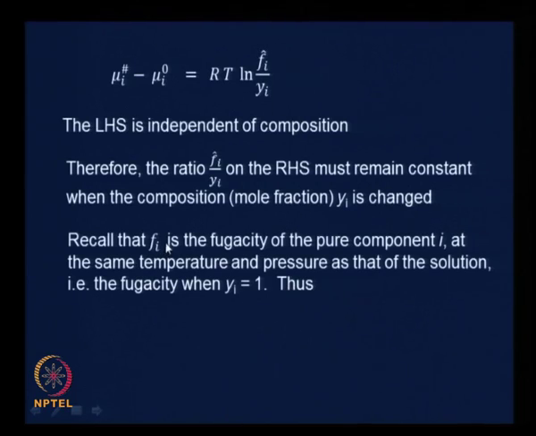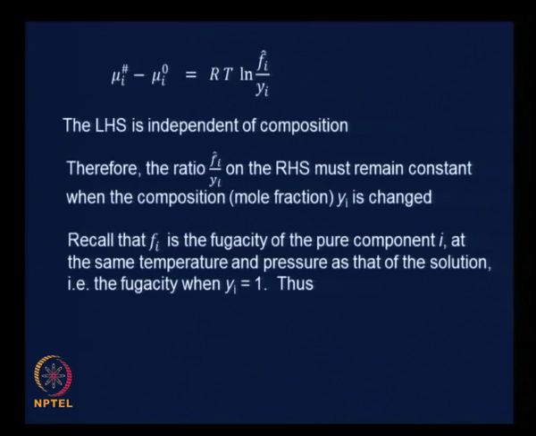Fi is the fugacity of the pure component I at the same temperature and pressure as that of the solution, that we know, or in other words Fi is Fi hat when yi equals 1. Now Fi is the pure component, Fi hat is the fugacity of that component in solution.